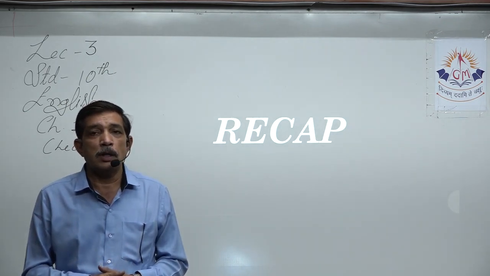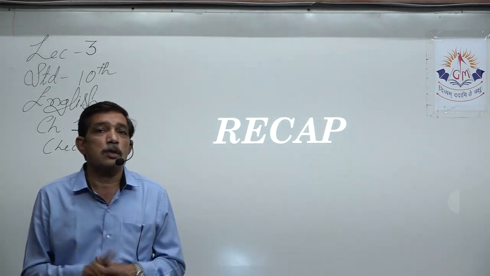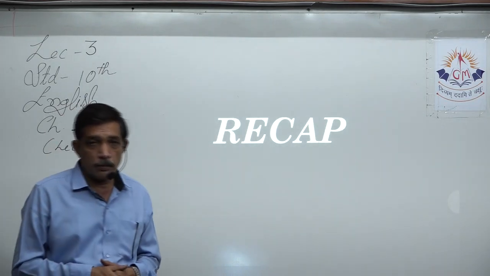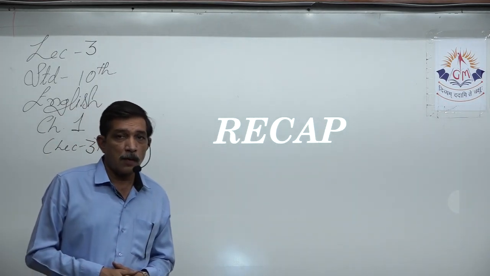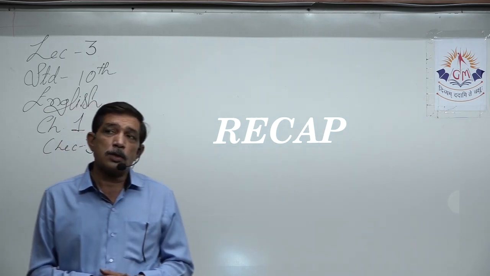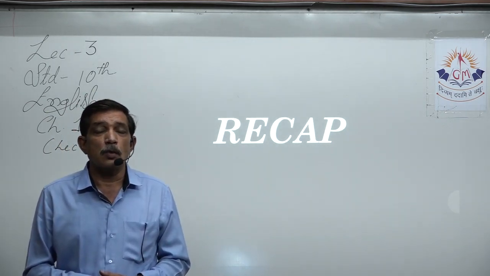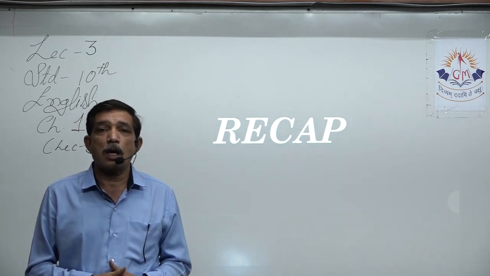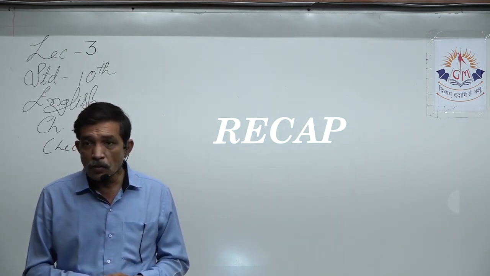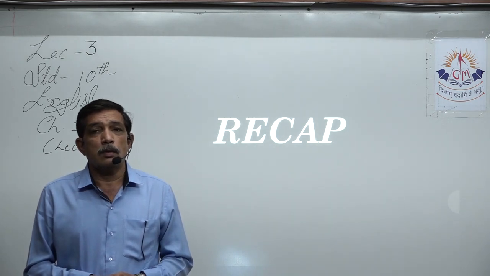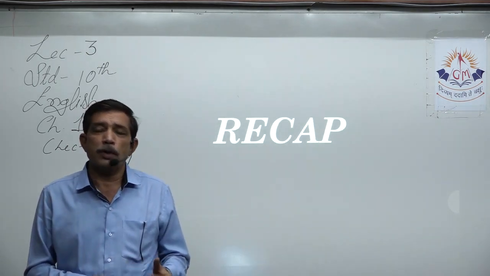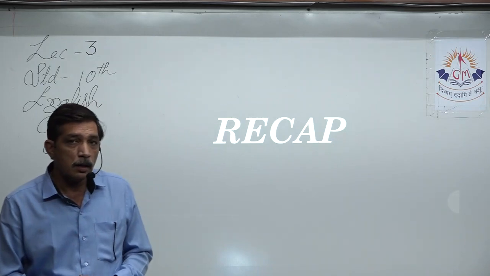At the end of the year, we have to do these 21 chapters and 11 poems, plus lots of grammar, lots of writing. We broadly understood the layout of the various types of questions that are asked in the board paper. The whole board paper pattern, blueprint, whatever you say, we understood in the first lecture.